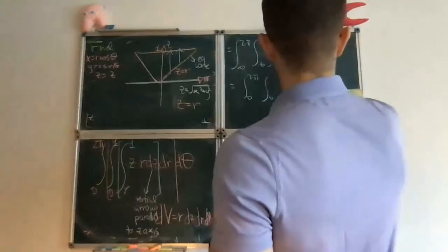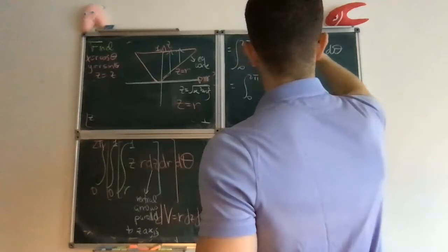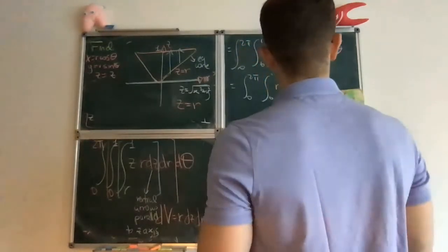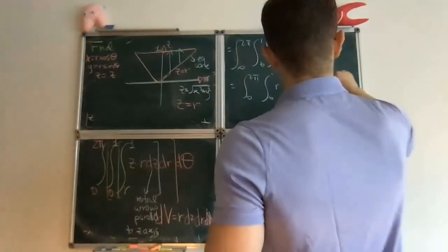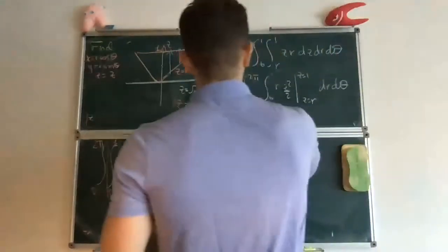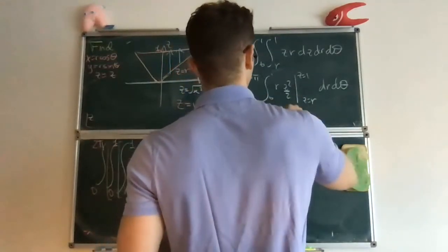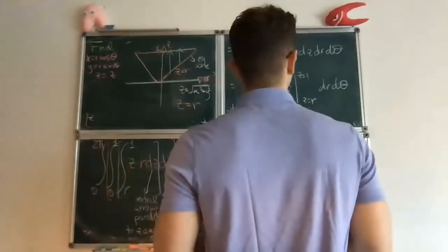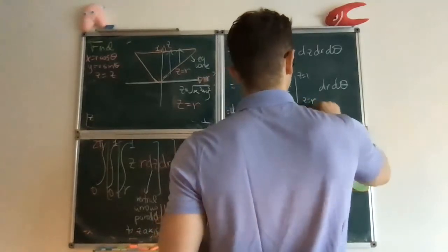And so this is just r times z squared over 2, evaluated at z equals 1, z equals r, times the r d theta. And so that gives you the integral from 0 to 2 pi, 0 to 1, of r times 1/2 times (1 minus r squared), dr d theta.